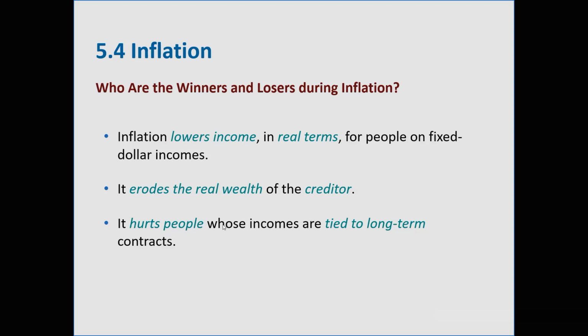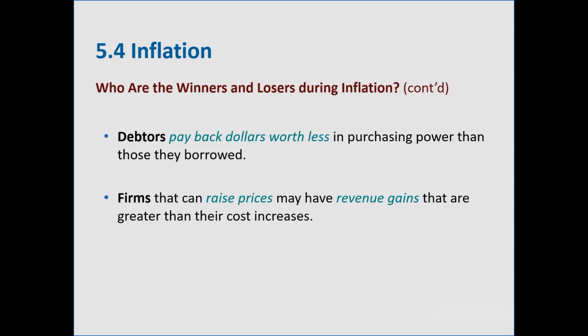So it simply hurts people whose incomes are tied to long-term contracts. Why? Because when you are negotiating your contract, you are looking at the present. If you don't take into account the rate of inflation when it occurs, the amount of goods and services you are able to buy is no more the same. So debtors pay back dollars worth less. If you took a loan of 100,000 from someone, it can buy a certain amount of goods and services today.